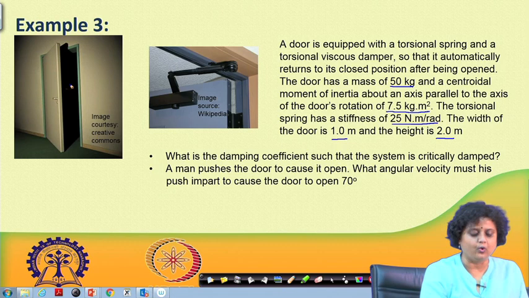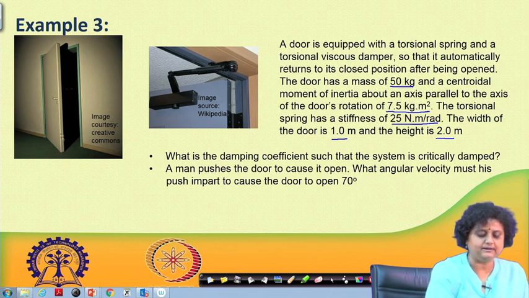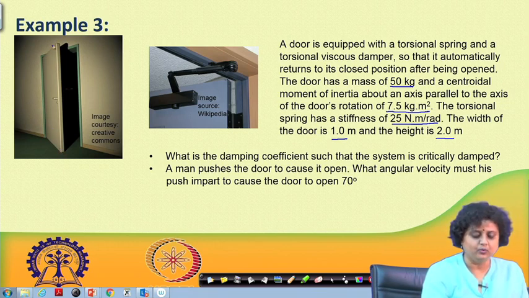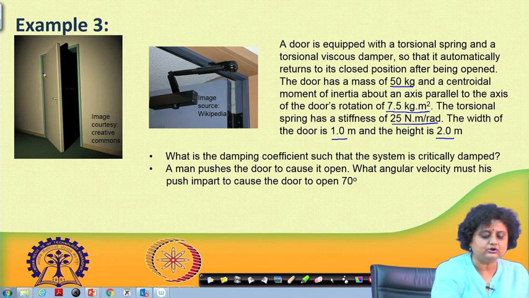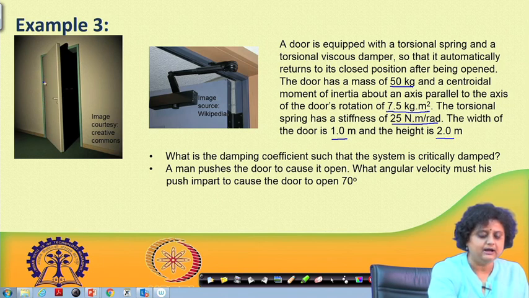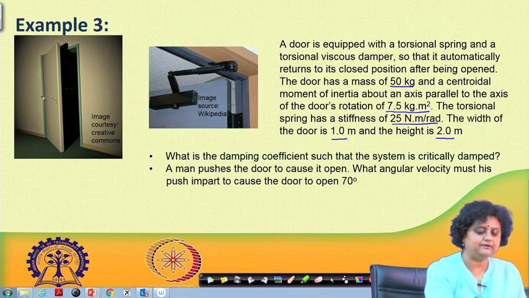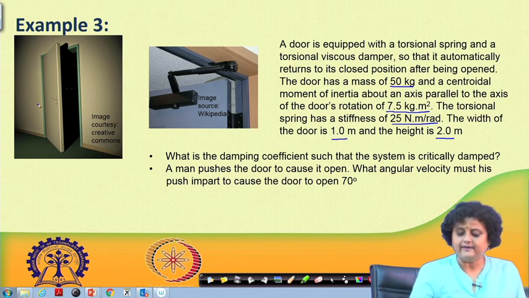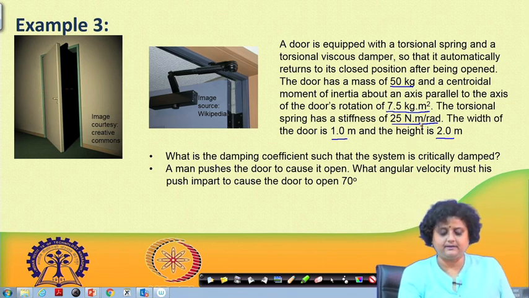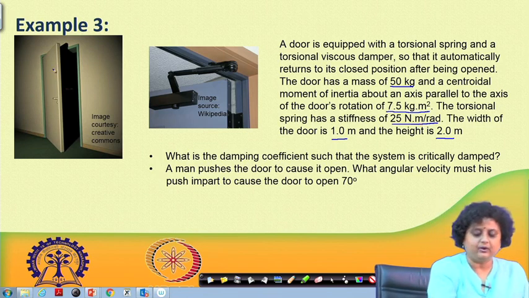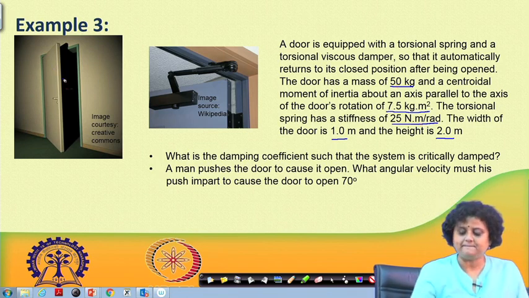I have a door which has a door stopper. The width is 1 meter, the height is 2 meter, and there are torsional hinges at the door, the usual common door. These hinges can be easily modeled as a torsional spring. The spring constant is 25 Newton meter per radian, and the mass of the door is 50 kg.